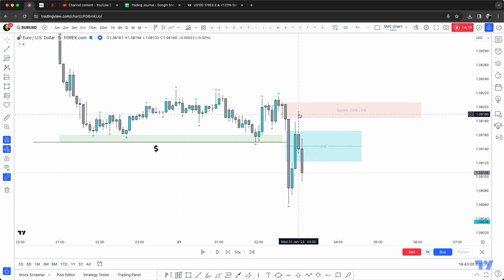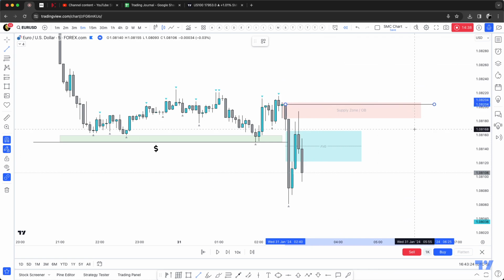You see the price actually touched and is trying to go down, also reacting, the body of the candle respecting this fair value gap very well. Let's see if it's going to continue going to the downside. In case, because we have a sweep, right? In case the price is going to reverse, or I'm trying to look for a buy, well, I would have to see the price closing above the opening price on this one.